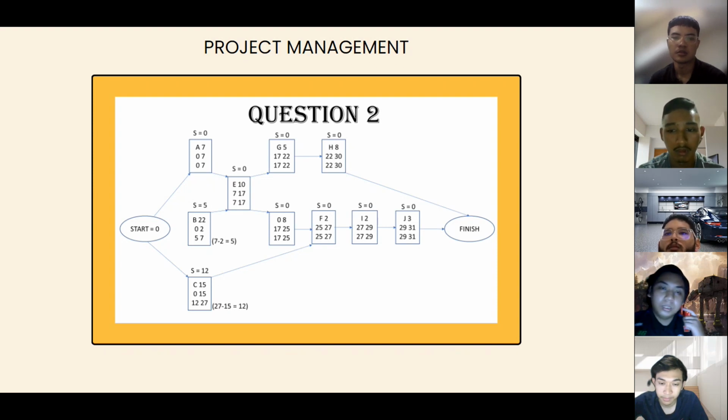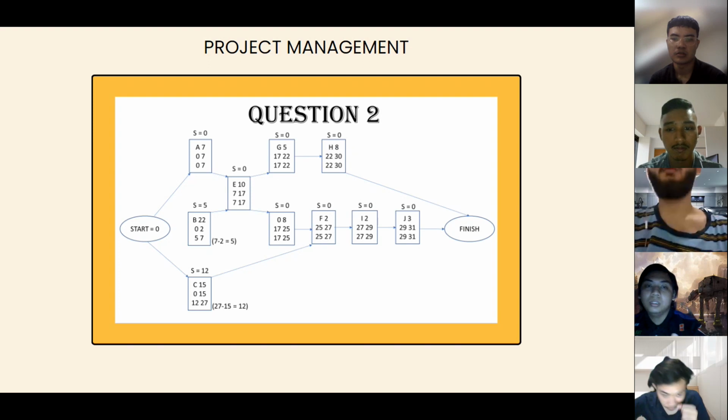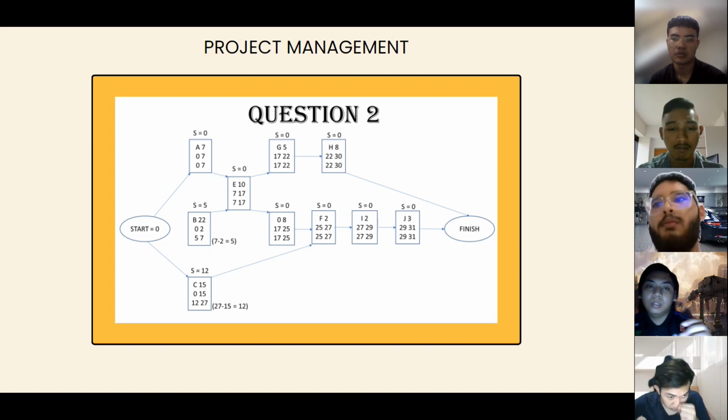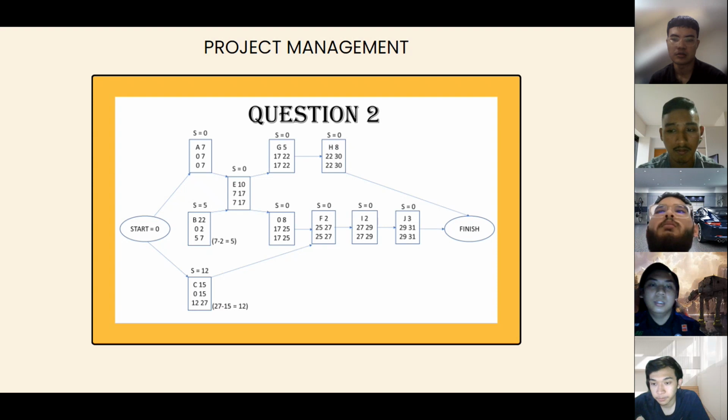As you can see, from box H, which is 30, you minus the first value that has been given, which is 8, and you will get 22. So you get the G box for row 2, which is 22.